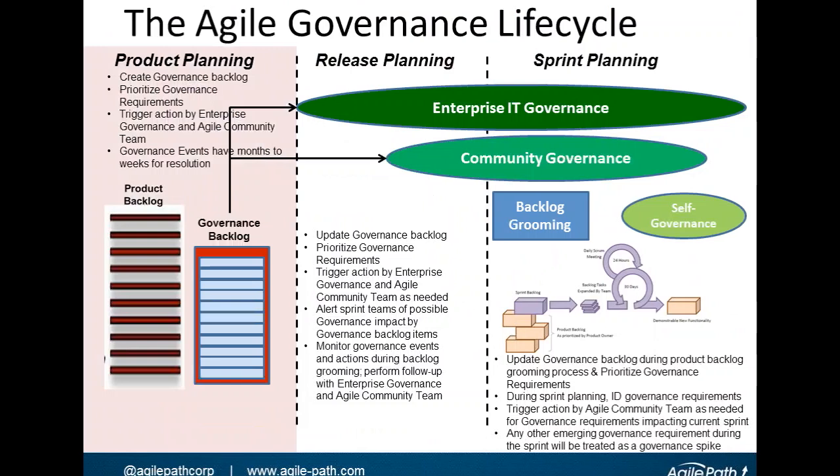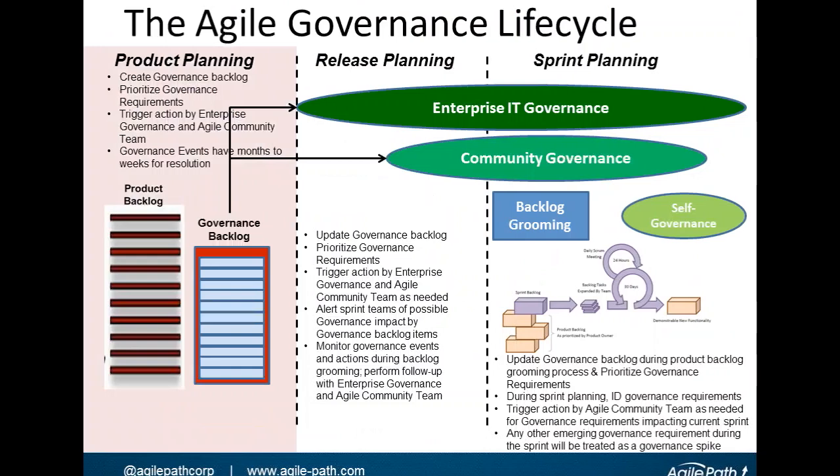And then during product planning, and based on the governance backlog priorities, you trigger a governance action request, which is essentially just an event that triggers the enterprise IT governance processes to take a look at a particular governance issue.